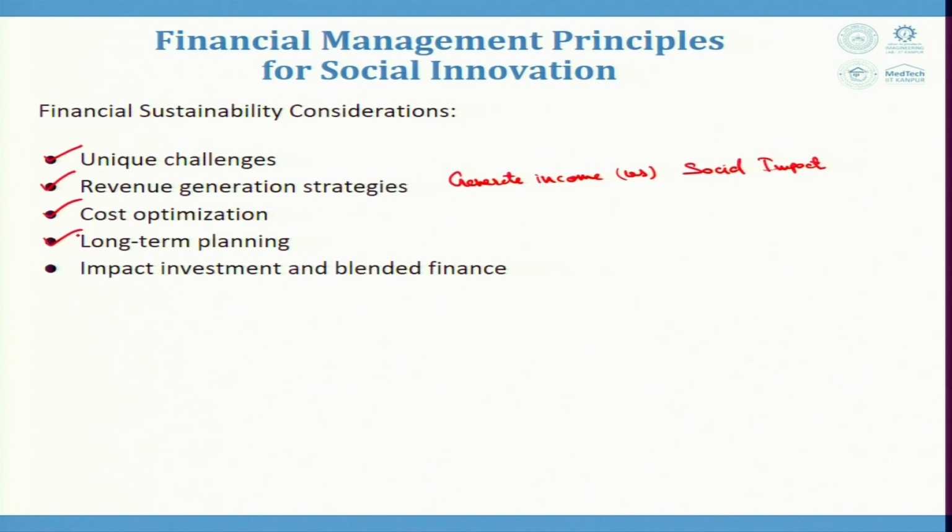Long term planning, that is strategies for financial sustainability beyond the initial funding that you have. Then impact investment and blended finance, that is we leverage the impact investors and blended finance approaches, so that more and more investors do try to come to us to help our businesses.